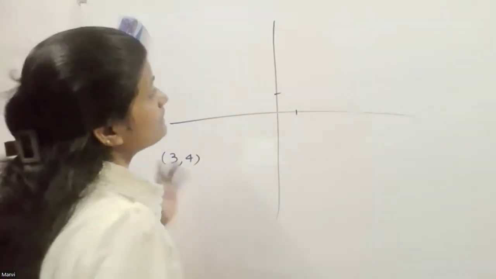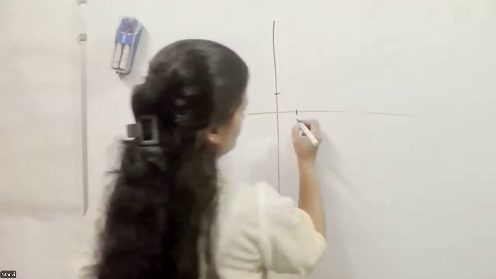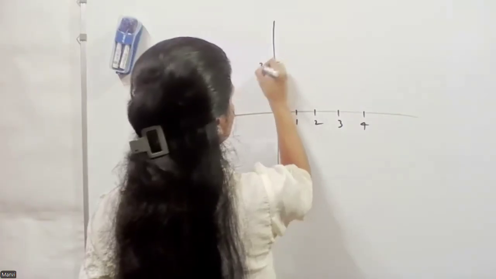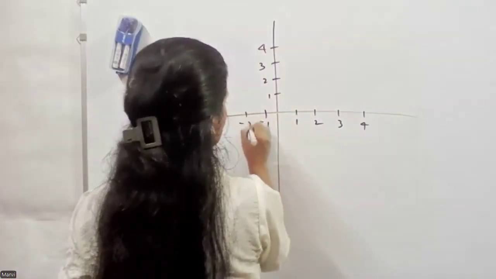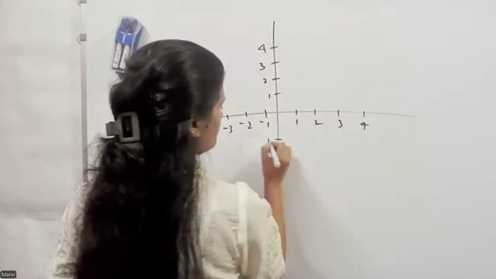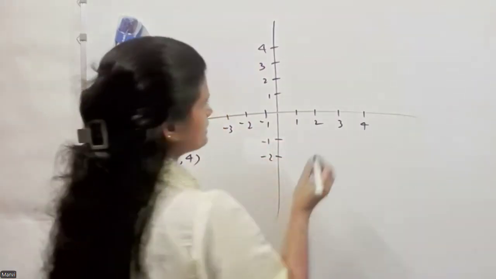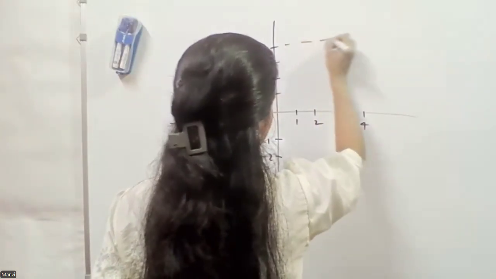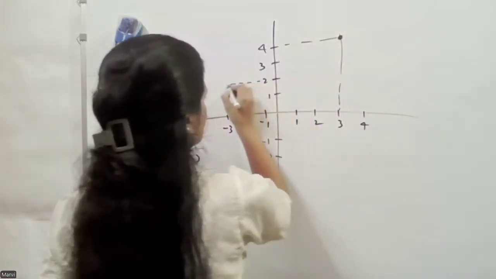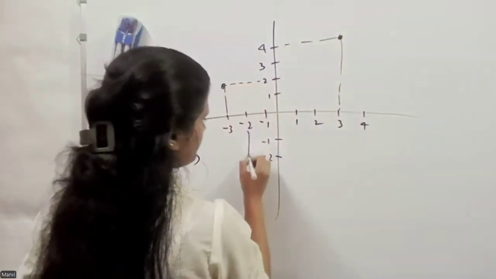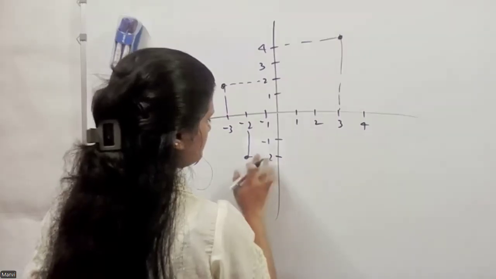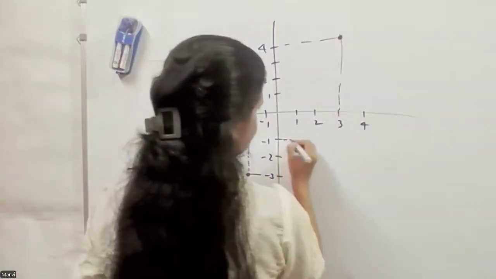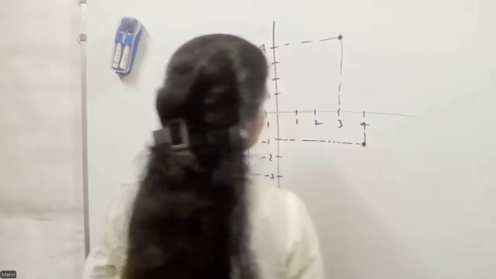Okay, and when they have already denoted the points, for example, 1, 2, 3, 4, and -1, -2, -3, something like this, and they give us a few points, some situated somewhere here, another situated somewhere here, then here.